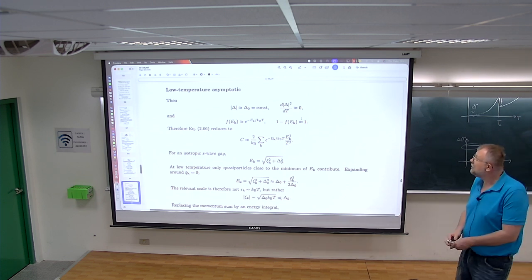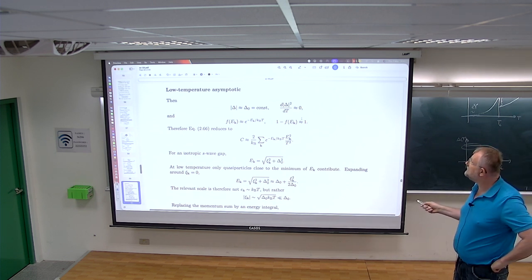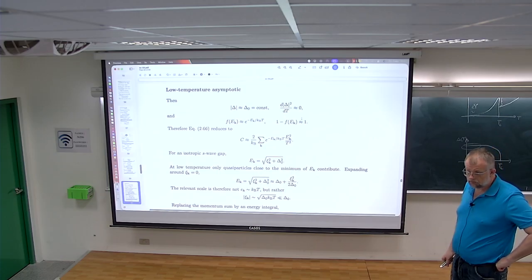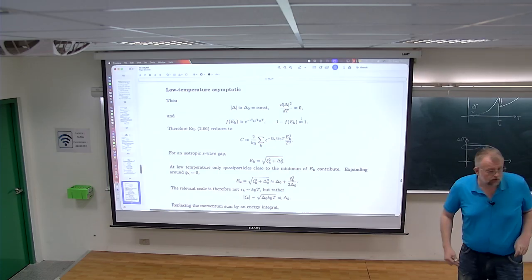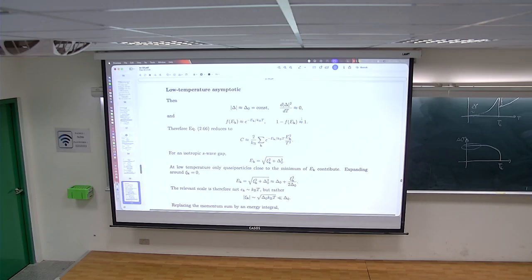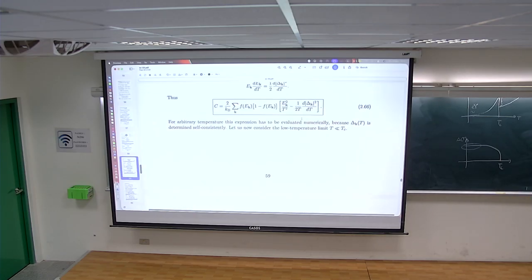So at low temperature delta is equal to a constant and this derivative is equal to 0. So at low temperature this second term does not play much role. I can ignore it.